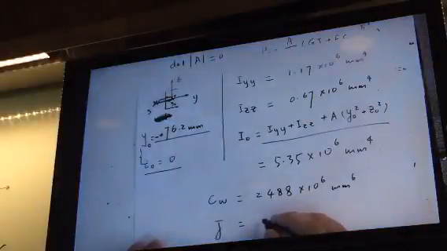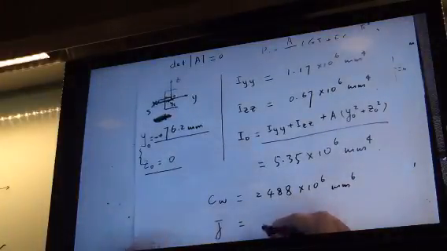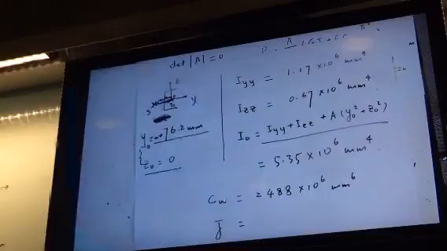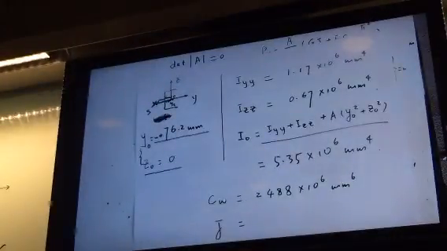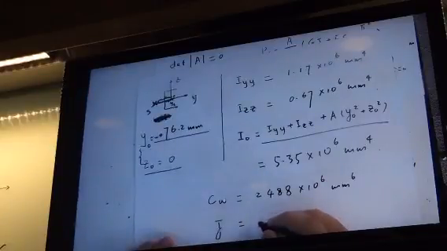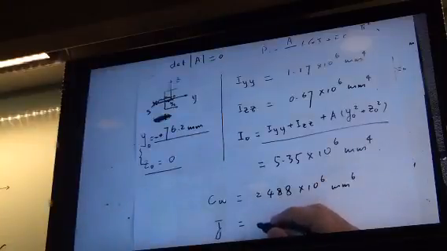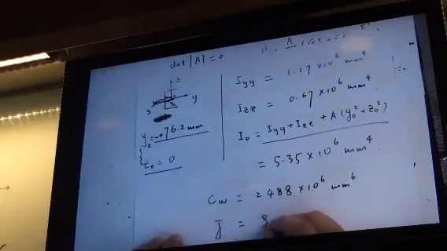Torsion rigidity, actually we have a formula in 321. I gave you a torsion rigidity formula in 321. If you forget it, you can go back to check, but in homework I gave this to you already. What is torsion rigidity? Okay? It's also quite straightforward for this cross section. It's 800.